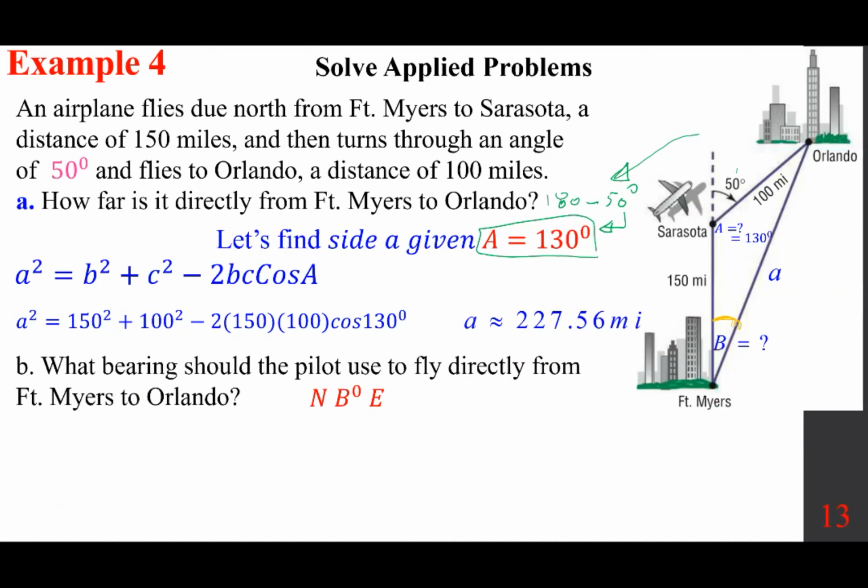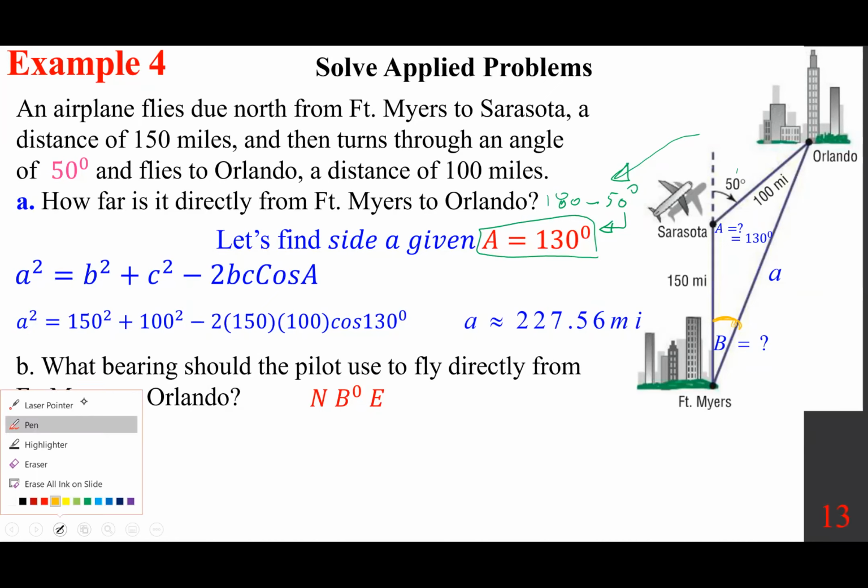So this is B. So that's the answer. So all we have to do is find the missing B degrees. And to find it, you can use the sine law, you can use the cosine law, because we have now all sides and we have the angle A, we can find anything else.